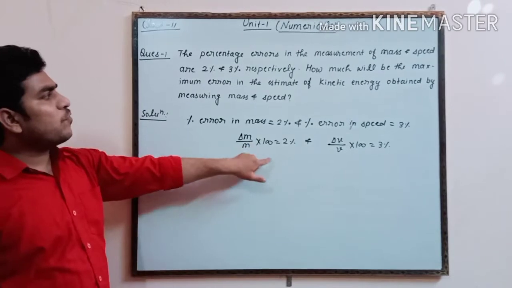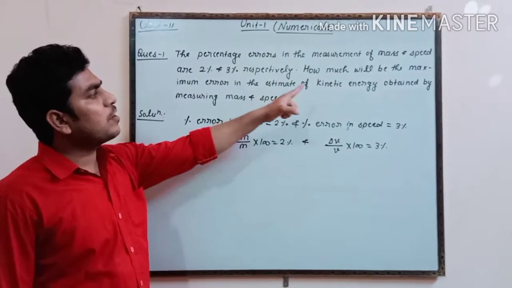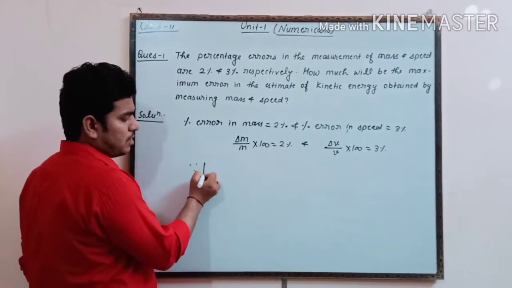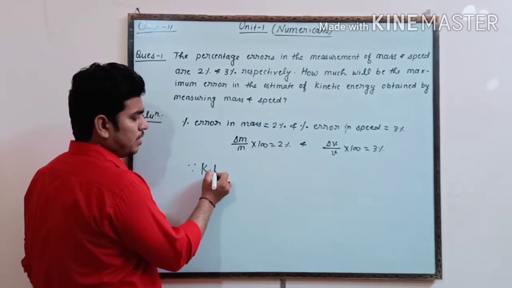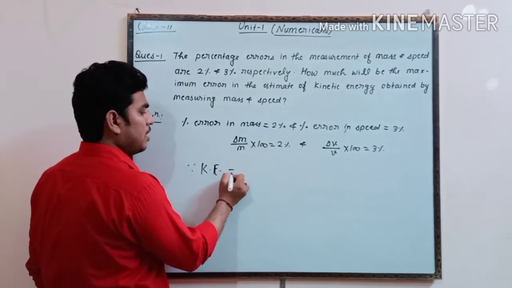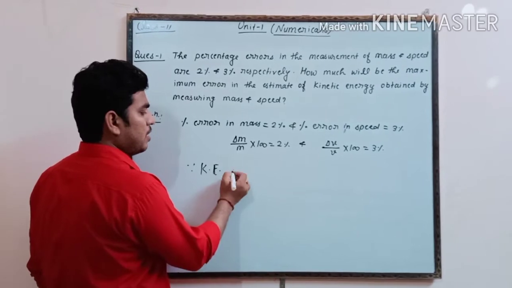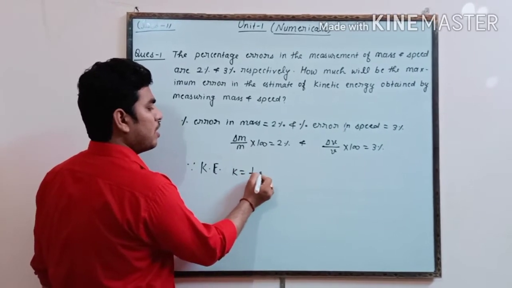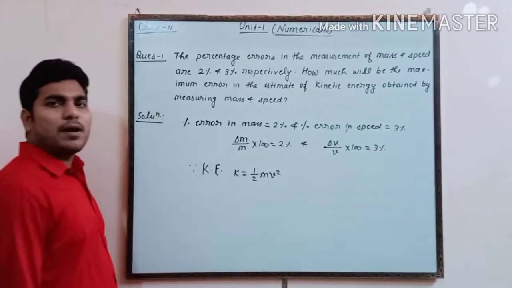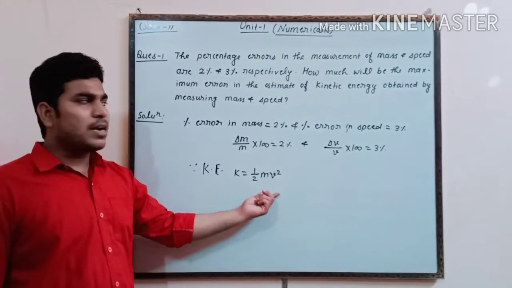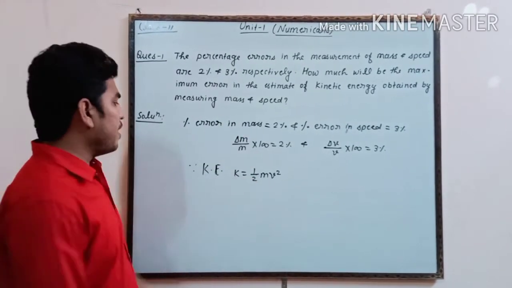Now we have to find the error in the estimate of kinetic energy. So since kinetic energy K is equal to half mv square. This is the formula of kinetic energy and we have to find the maximum error.